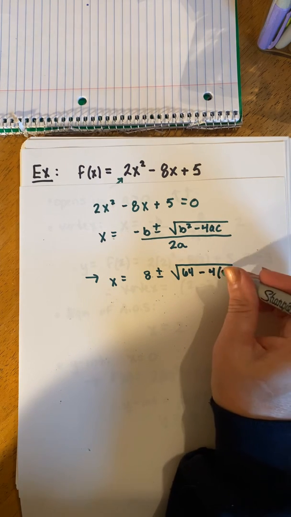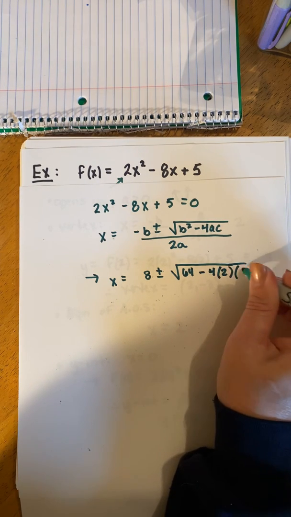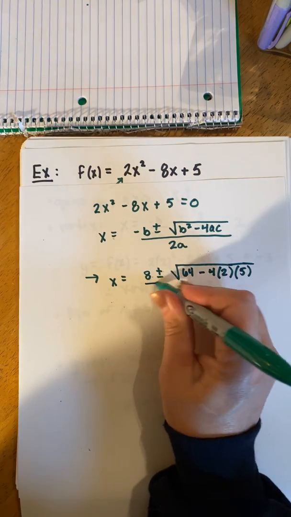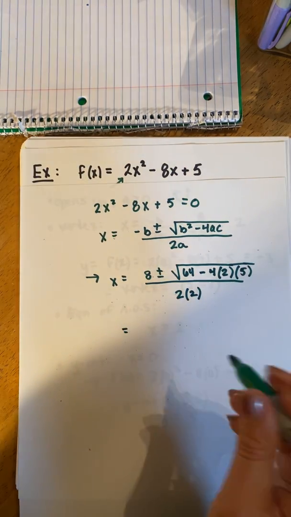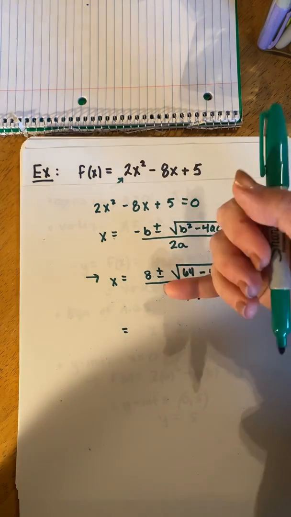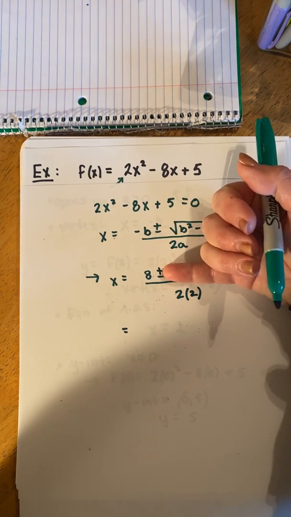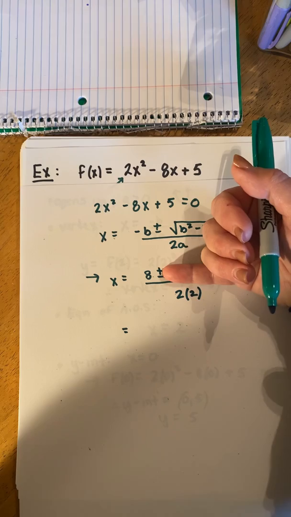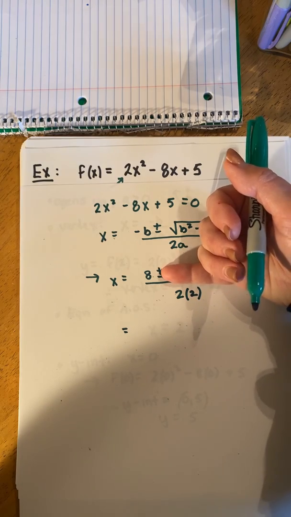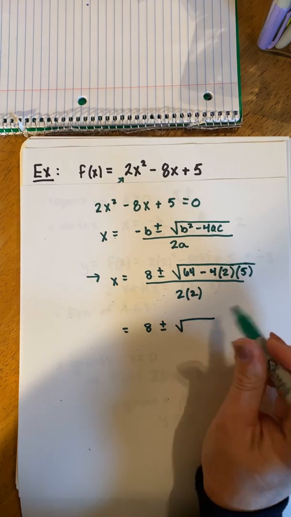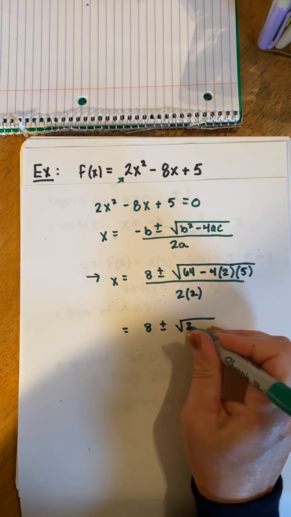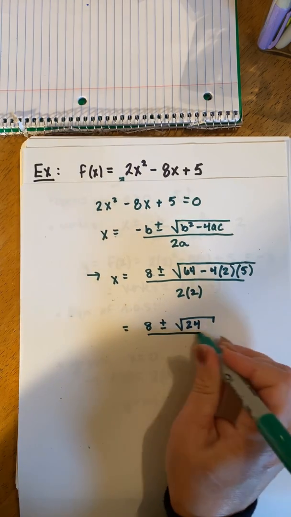Minus 4 times a times c, all over 2 times 2. Notice if we eliminate this part right here, we get 8 over 4, which is 2, the x-coordinate of the vertex, not a coincidence. 8 plus or minus the square root of 64 minus 40, which is 24, all over 4.